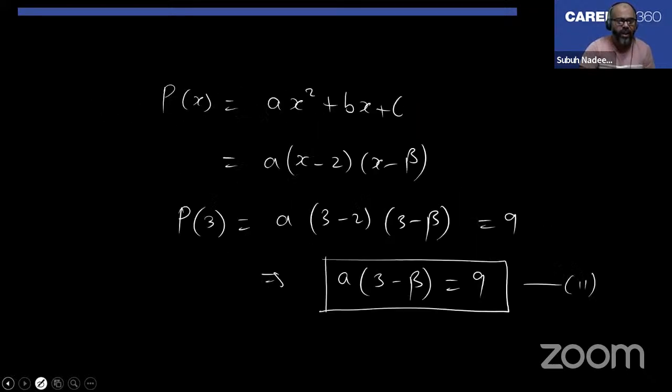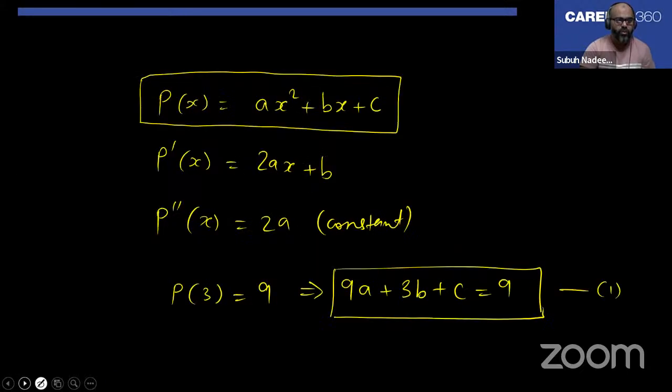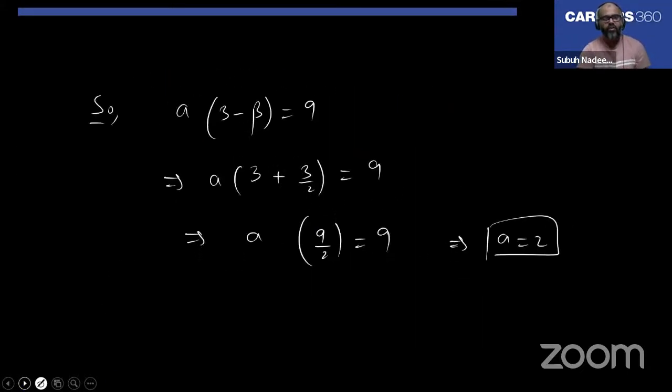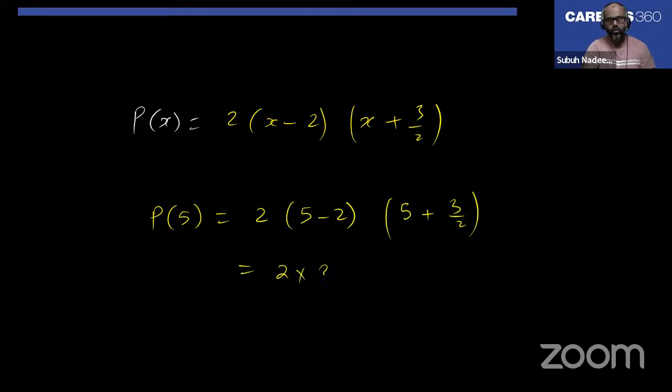Now let us see what they are asking. They are asking here P5 is equal to. So if you want to find P5, we can simply say that P5 is equal to 2 into (5 minus 2) into (5 plus 3/2). So this will be 2 into 3, and it will be 13/2, in which the 2 cancels.